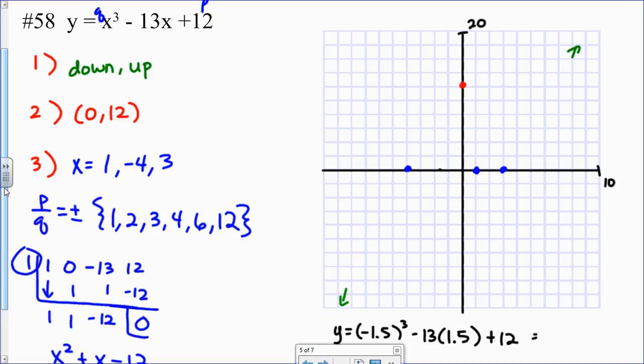I got negative 10. Woo! Because this should be negative. So I need to work on copying down right. Yeah, 28.125.